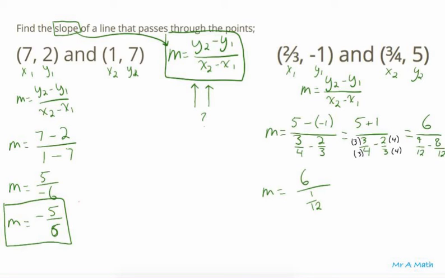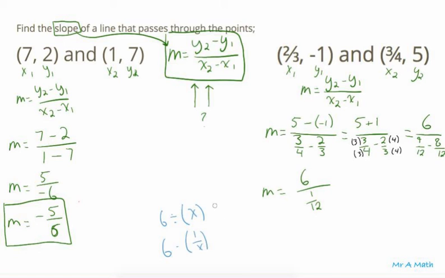Down here in the middle, let's just remember that if I divide 6 by some number, say I divide 6 by x, that's the same as multiplying 6 by the reciprocal. Dividing by a number is the same as multiplying by a reciprocal.